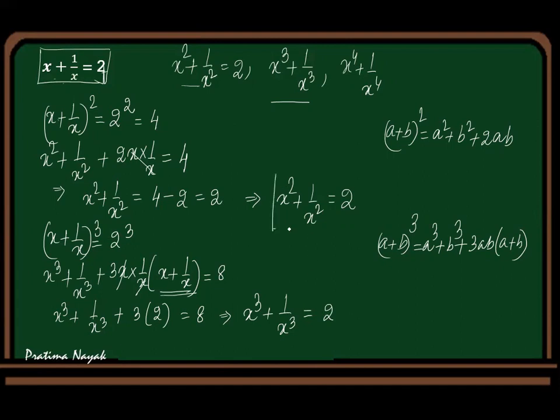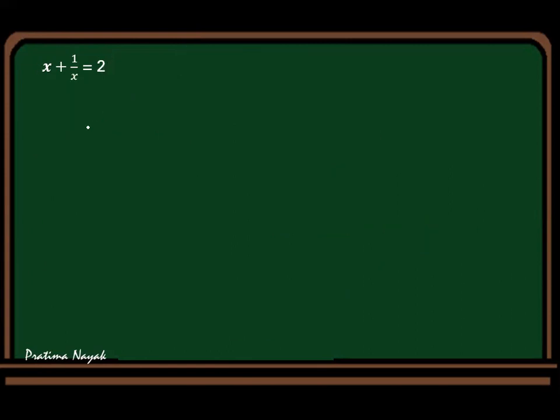Are you getting the interesting result? x cube plus 1 by x cube is equal to 2. So now let us see for this one. I'm writing again, x square plus 1 by x square is equal to 2, and I got x cube plus 1 by x cube is also 2.